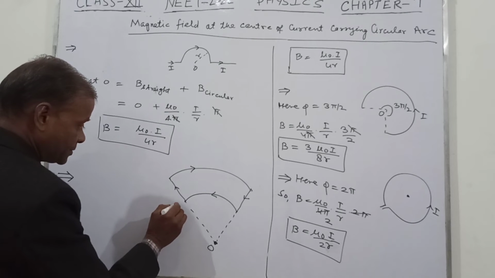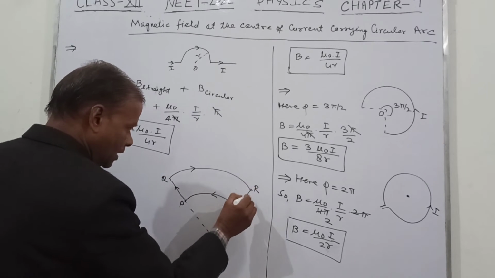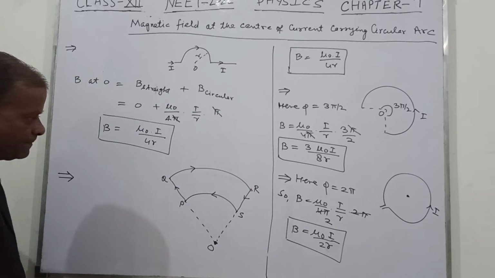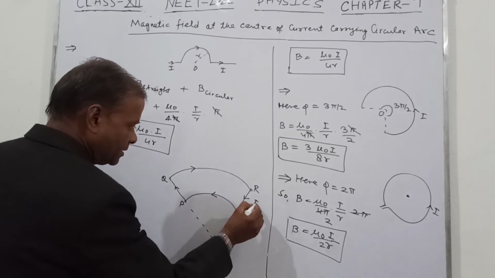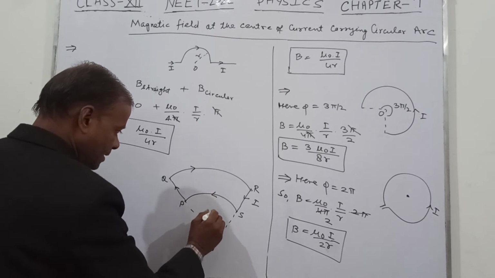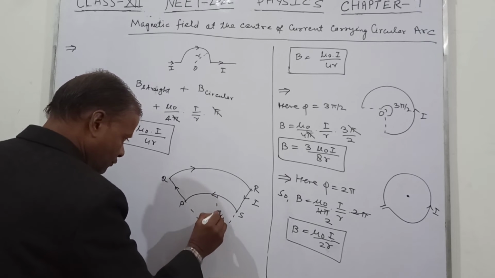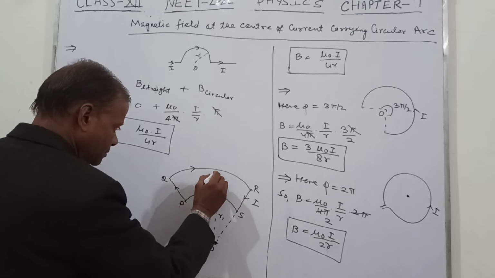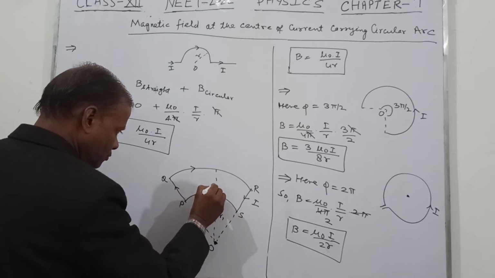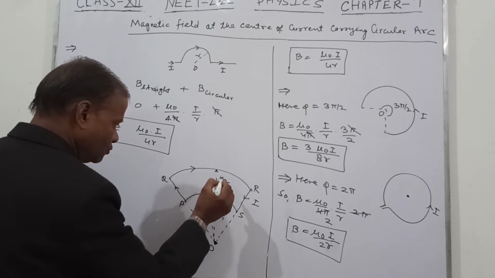So let us have this now P, Q, R and S. This carries the current I, and the radius of this one is R1, and that of this is R2.